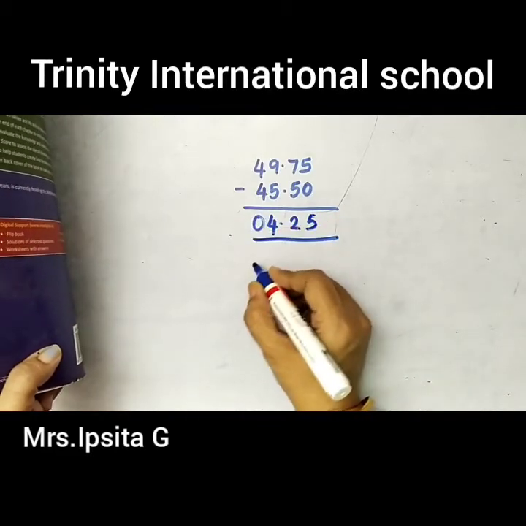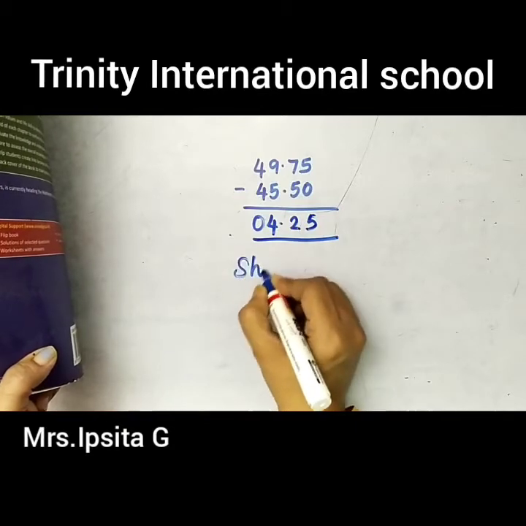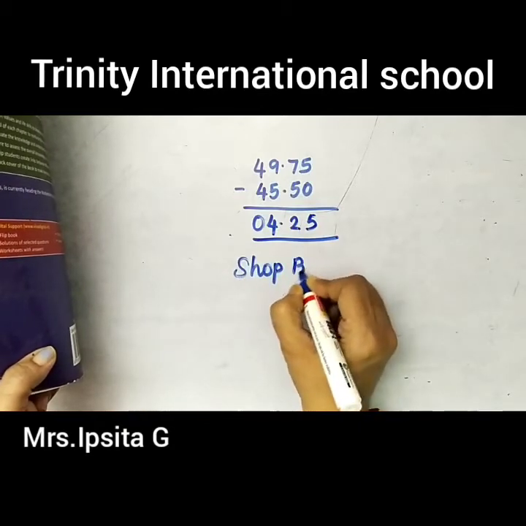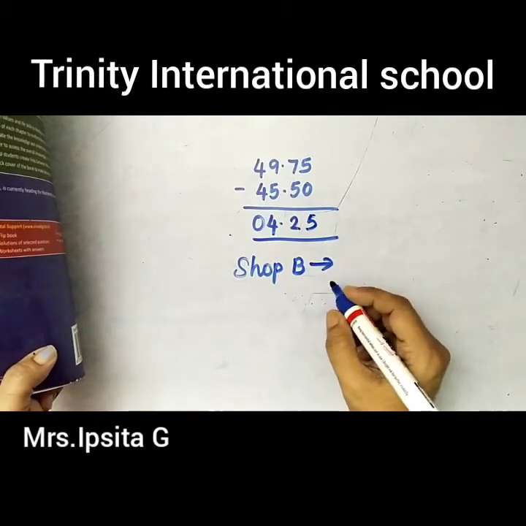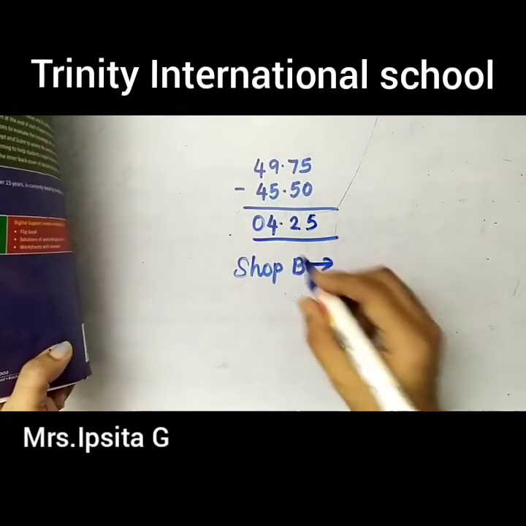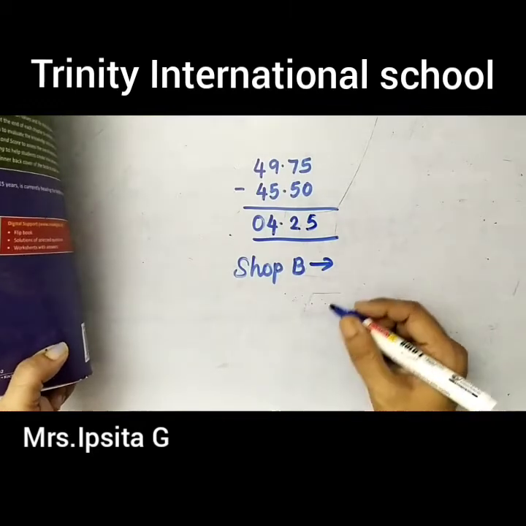So she will buy sugar from shop B. Okay, she will buy sugar from shop B and by how much she can save?